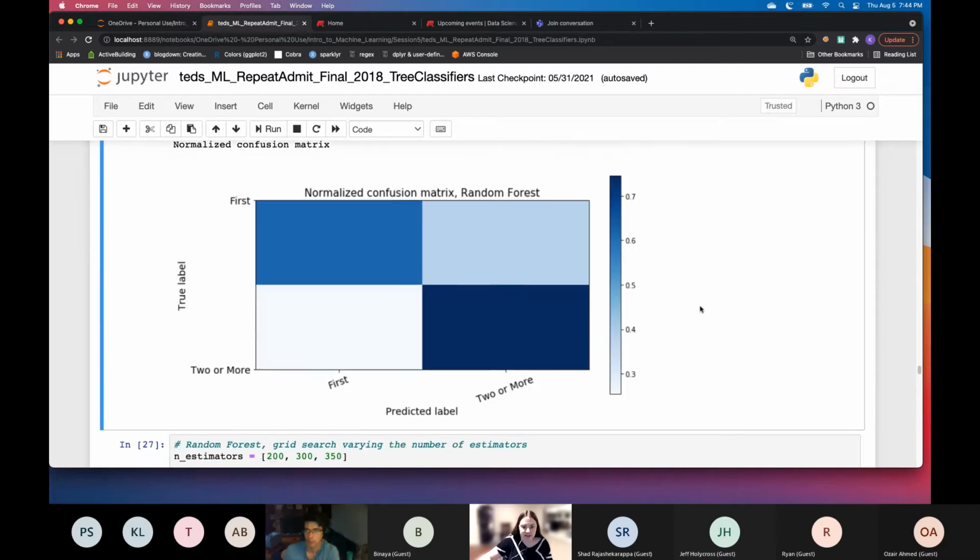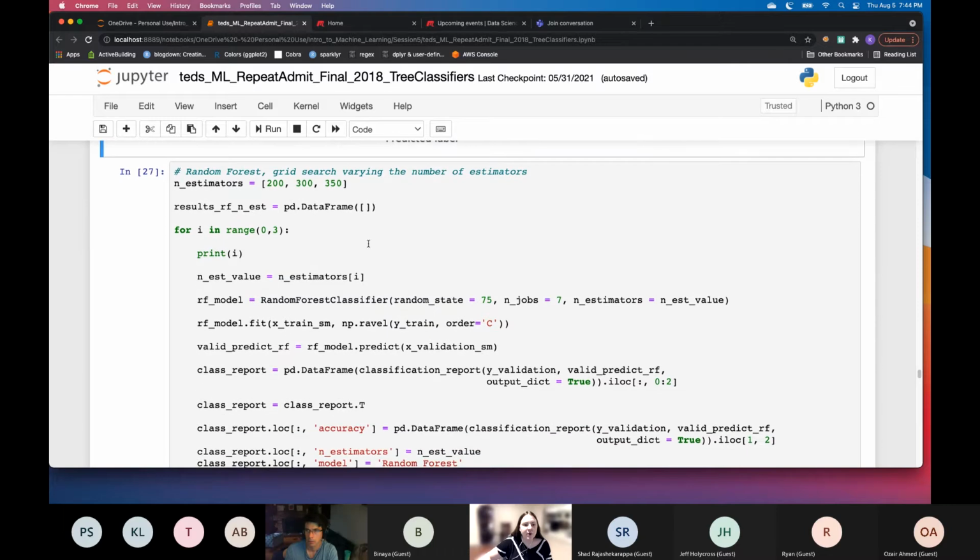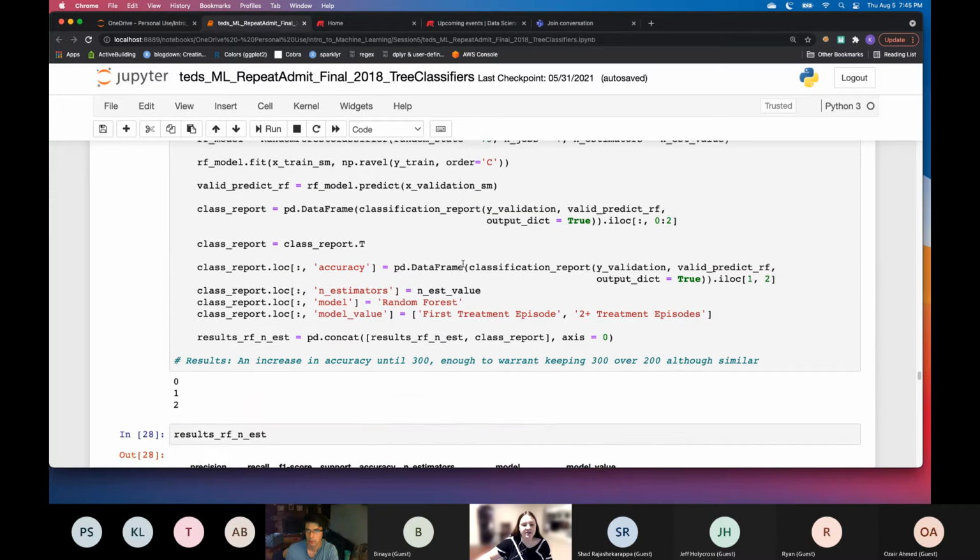So that was my default model. So now I wanted to change the number of estimators. And this is the number of decision trees that it runs, or the decision trees in your forest. So this one is going to have a very big difference on training time. So I did 200, 300, and 350 in this case.